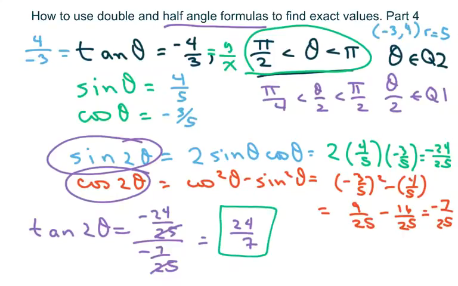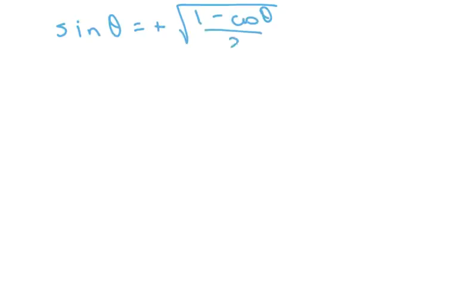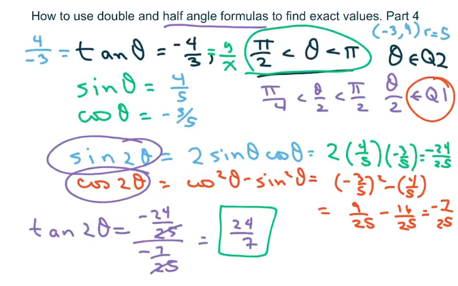Okay, now we're going to do the half angle formulas. Recall that we're back in quadrant 1, which means my sine is positive. Remember, you have that plus and minus, so it's going to be positive the square root of 1 minus cosine of theta over 2. And my cosine is positive as well, and that's the square root of 1 plus cosine of theta over 2. Now, cosine of theta is -3/5.